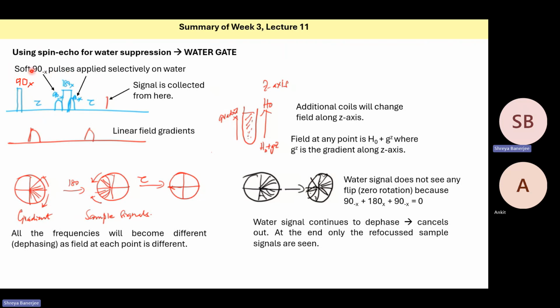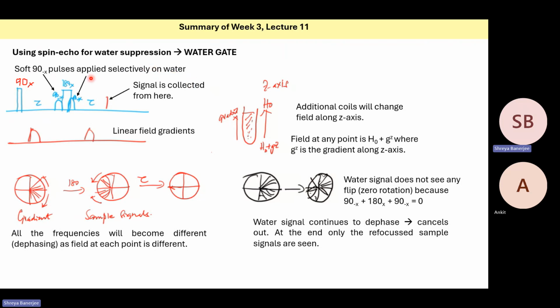So soft pulse basically means a selective pulse which you are applying only on one signal. This kind of rectangular signal means that you are applying this 90-degree pulse to all the frequencies. But if you have this kind of rounded signal, that means you are applying this 90 minus x pulse only to that of water. Here water is chosen.